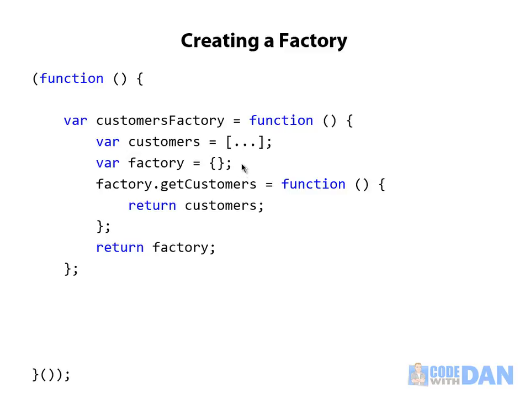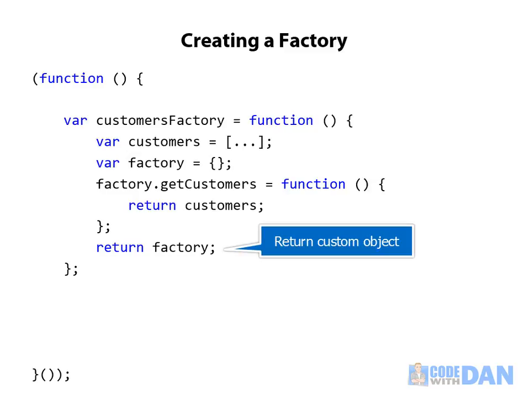But we're actually going to create a custom factory object, and then we can assign one or more functions and even properties onto this particular object. Once we've defined it and hooked in all the functions, such as the getCustomers function here, we can then return that factory out. That takes care of defining the factory, but that really has nothing to do with AngularJS at this point. That's standard JavaScript.